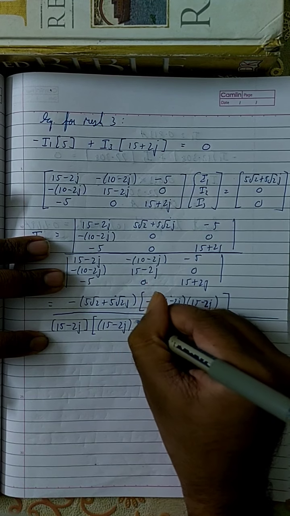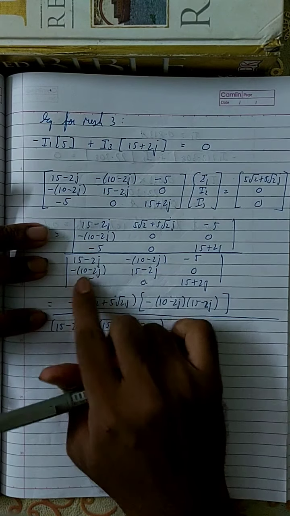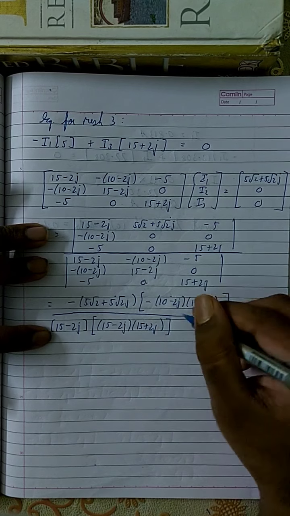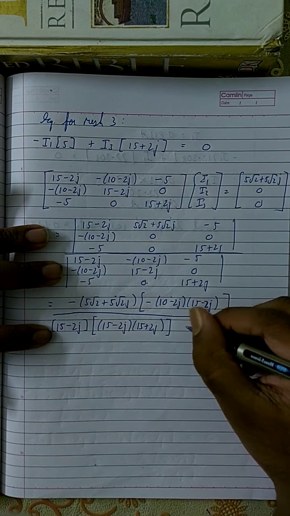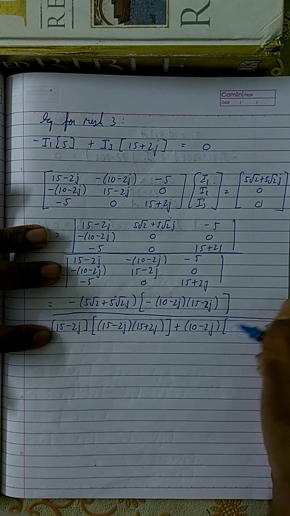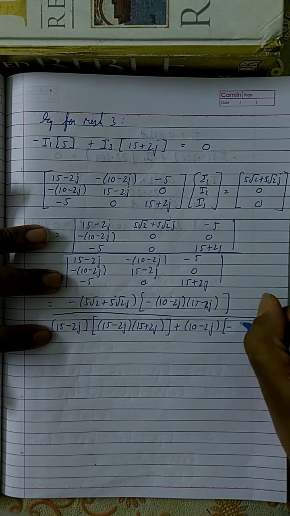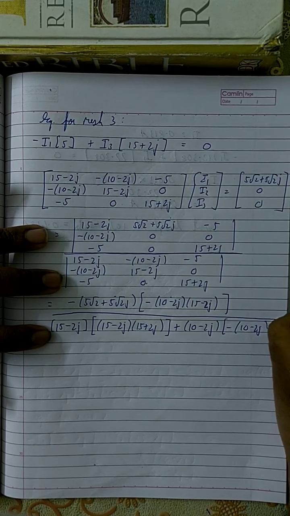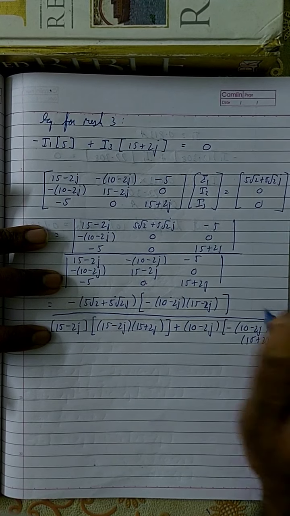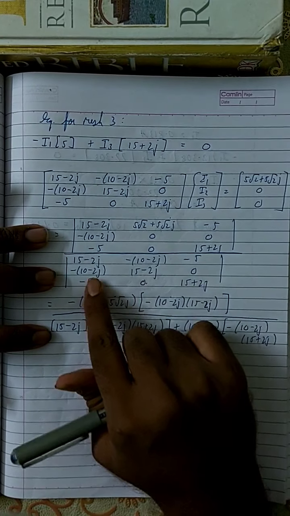Then minus of minus is plus, so you have plus 10 minus 2j into 10 minus 2j into 15 plus 2j, minus 0.